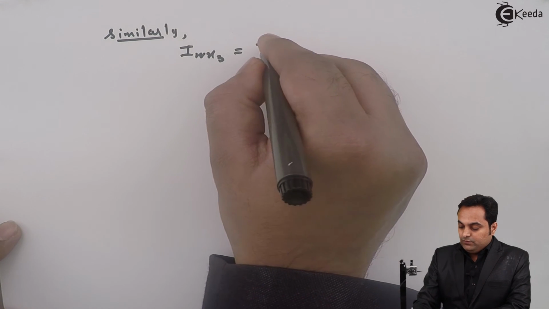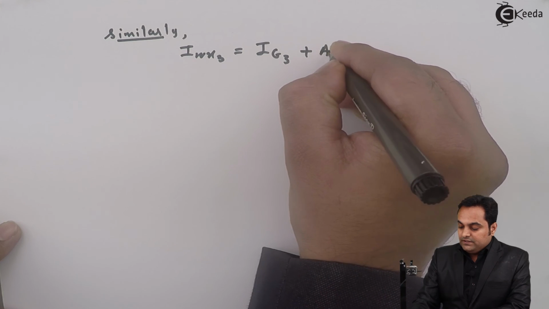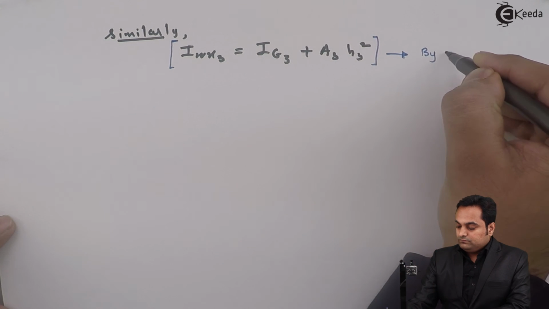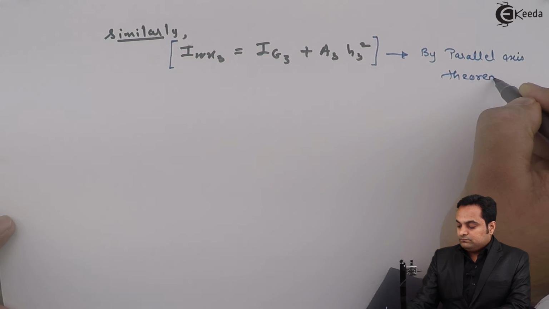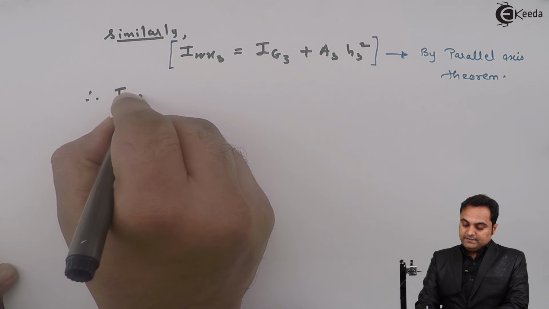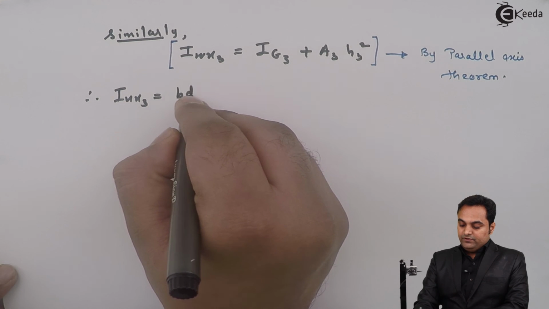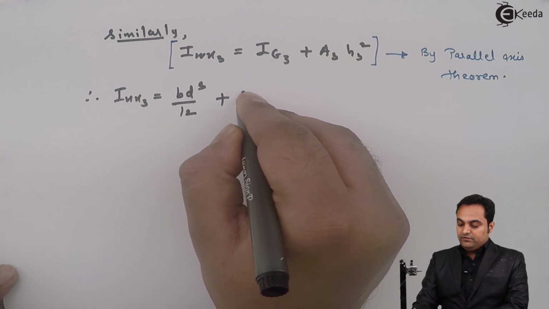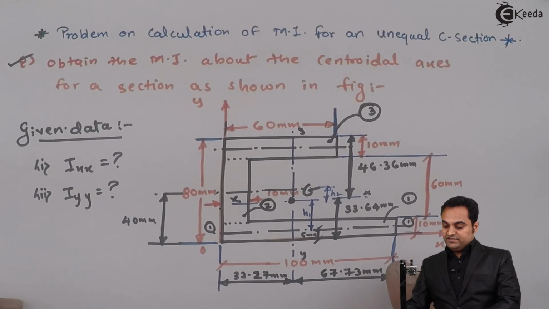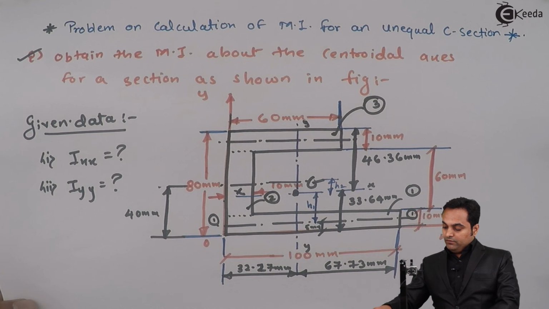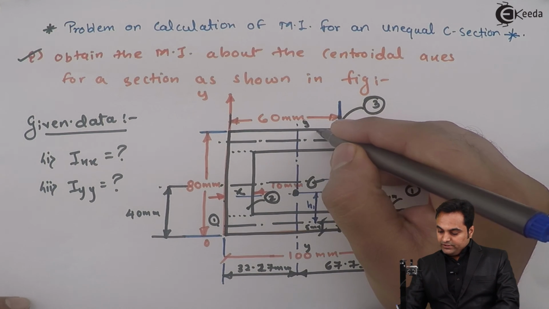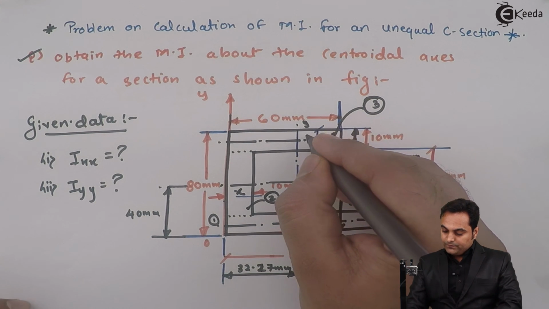Similarly, we can find out Ixx3. Ixx3 is equal to Ig3 plus area 3 into H3 square by parallel axis theorem. So therefore Ixx3 will be, Ig3 is the moment of inertia about the horizontal axis, BD cube by 12. Area is B into D, H3. Now as it is clear from the diagram that for rectangle 3, its x-axis is located at distance 5 mm from top.